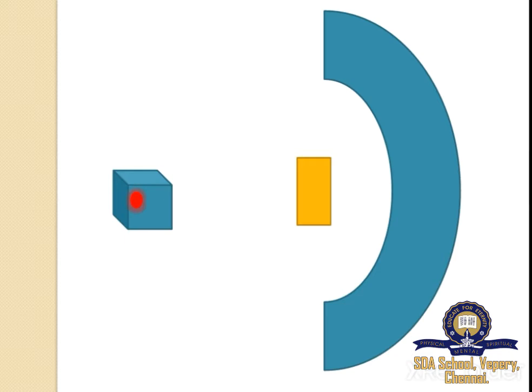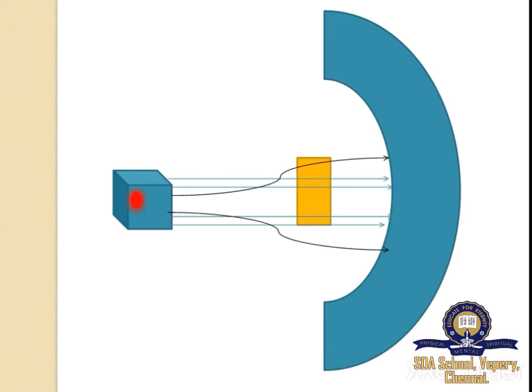During the experiment, he observed the following. A lot of alpha particles passed through the gold foil in a straight line. Some of the alpha particles were slightly deviated from their path.